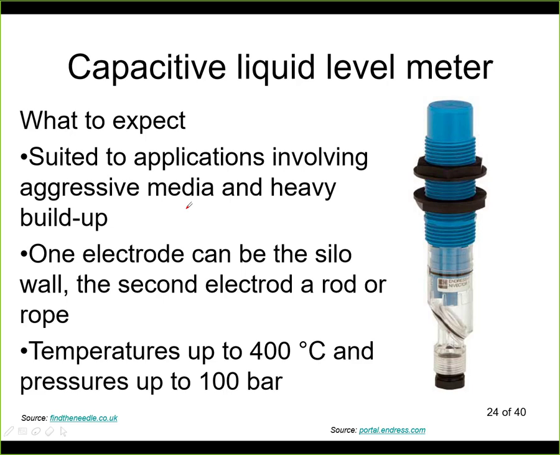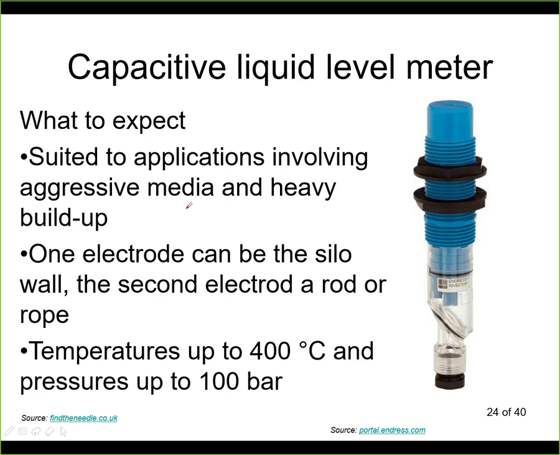You can use either the arrangement with two electrodes or with one electrode, and you may even use the tank or silo wall as one electrode directly. So if you have a stainless steel cylinder, stainless steel wall, you may use this directly as one electrode, so you save on the material for the sensor. It is suitable for about the same temperatures like the previous sensor, the pressure gauge, so for about 400 centigrades.